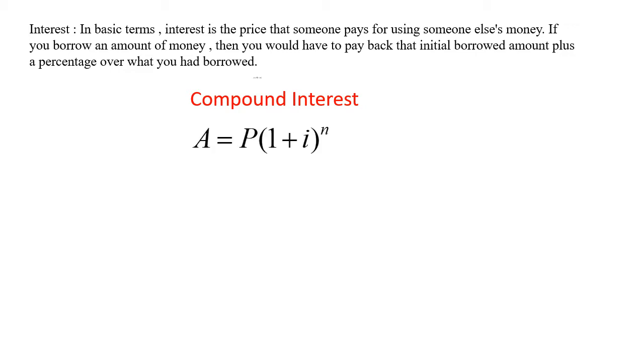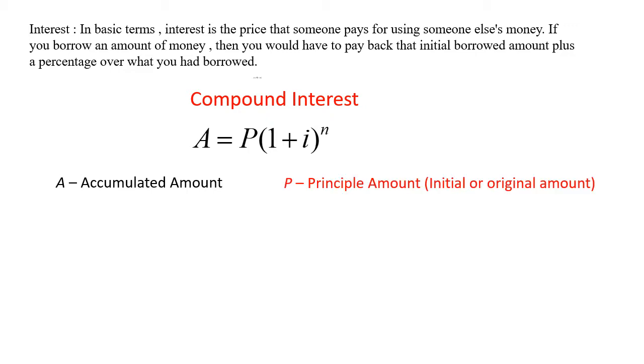For now, we are going to go over the simple formula. The formula that we are going to be using is A is equal to P into (1 plus i) raised to the power n, where A is the accumulated amount, P is the principal amount, initial or original, and i is the interest rate as a decimal.